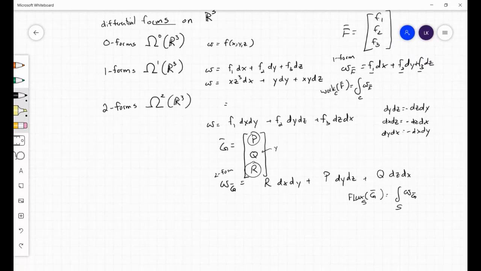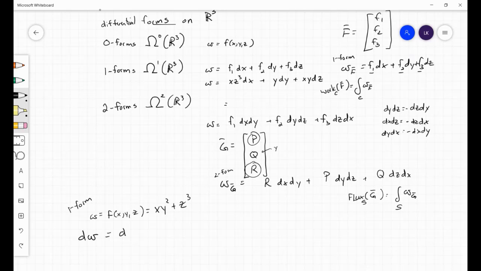Well, we already did an example, but if you have a 0 form, just a real valued function, we compute what we call the exterior derivative.